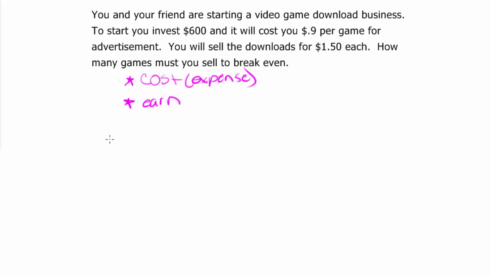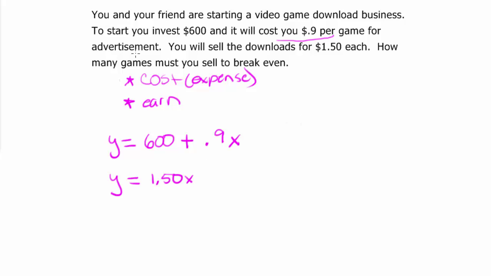So your first one, your cost right here, well, it's going to cost you $600 plus 9 cents per game. Or not 9 cents, 90 cents. Sorry, 90 cents per game, so x. Okay, so that's your first equation. Your second equation is just that you're going to make $1.50 each game.